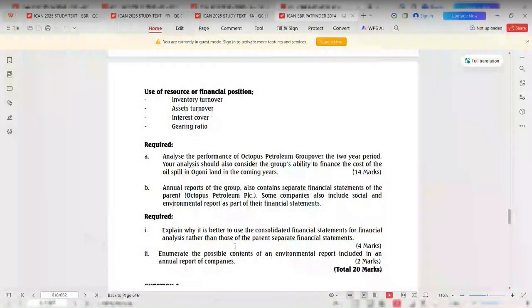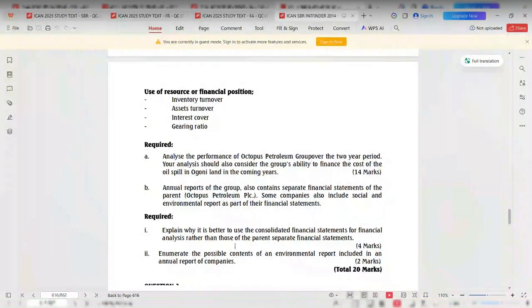If we are only using the parent company financial statement, we will say the profit is 2 million. But if you are making a consolidated statement, the profit will be 17 million. So the parent company's financial statement alone cannot show the true picture of the group, but the group consolidated financial statement shows the true picture of the group entirely.